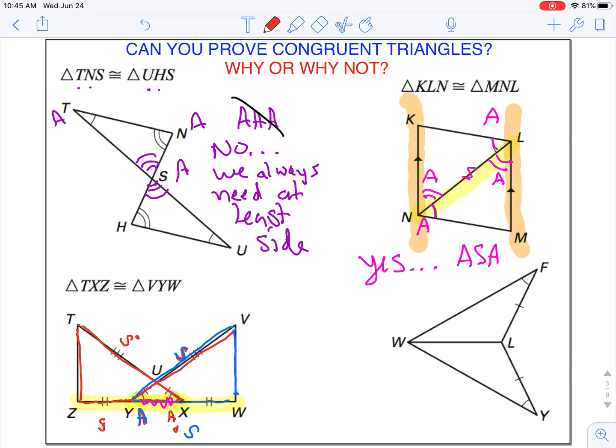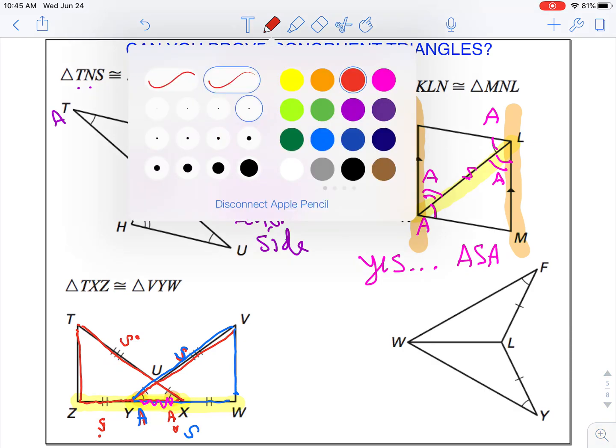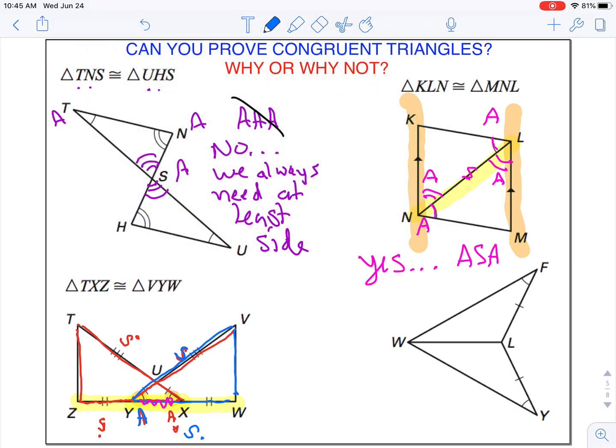So we have side, angle, side, and in the blue triangle, we also have side, angle, side. So yes, we can prove it with side, angle, side. Now the order makes a difference, so make sure you understand we're going in order.